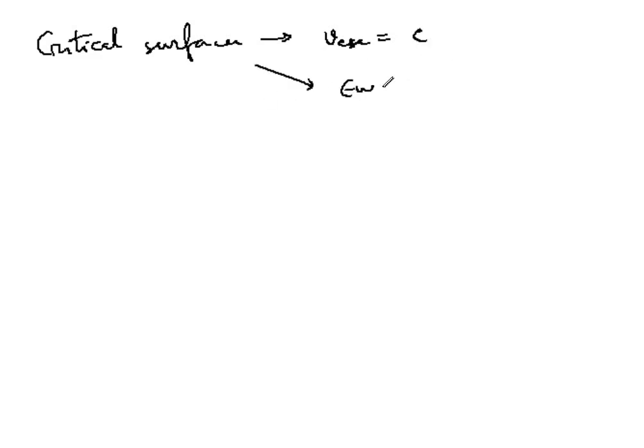Okay, so let me again do a recapitulation. So basically, the critical surface where escape velocity is equal to the velocity of light is the event horizon, right? Now you see, below this surface no information can escape from the black hole, and so the event horizon is also sometimes used to describe the size of the black hole or the boundary of the black hole.